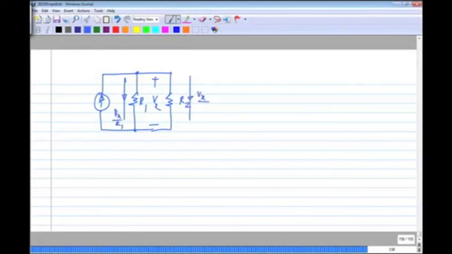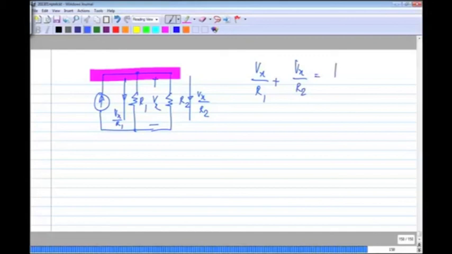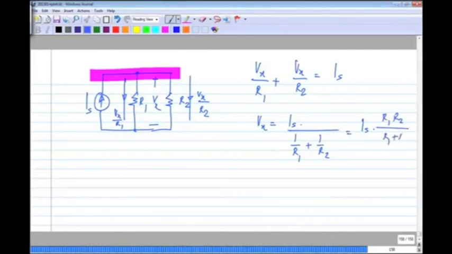Here it will be Vx by R2, and by applying KCL at this node, we know that Vx by R1 plus Vx by R2 equals, let me call this Is. Okay, so Vx will be Is divided by 1 by R1 plus 1 by R2, which is Is times R1 R2 by R1 plus R2.